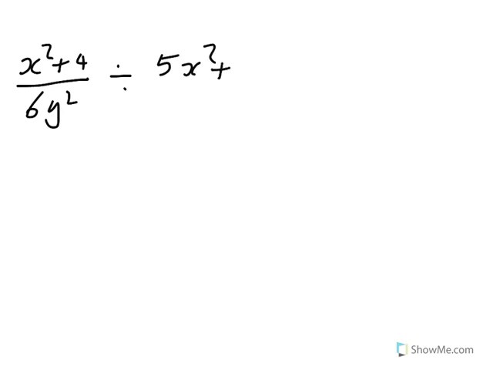So then if we've got x squared plus 4 over 6y squared divided by 5x squared plus 20 over 2y, for example. Before we start, we've got to do something about this.